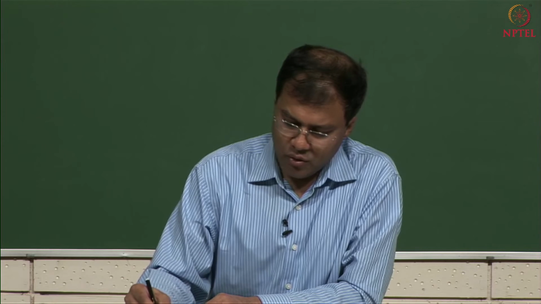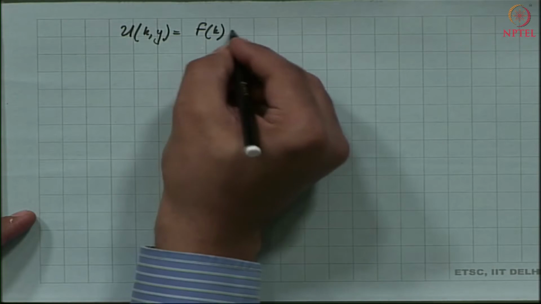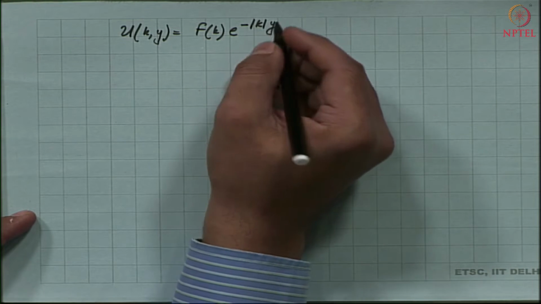So I have U of k comma y is F of k times e to the power negative mod k y.